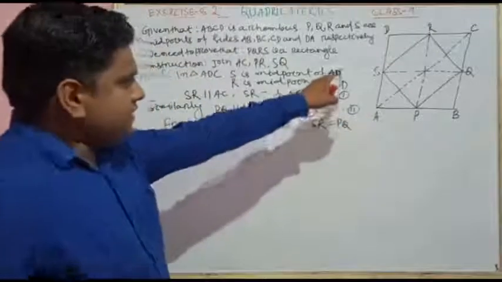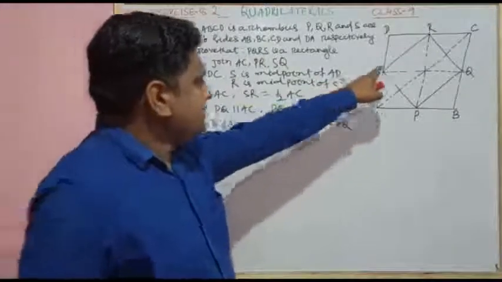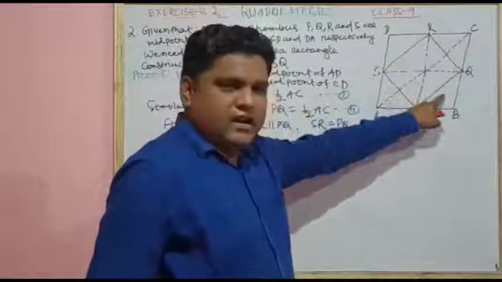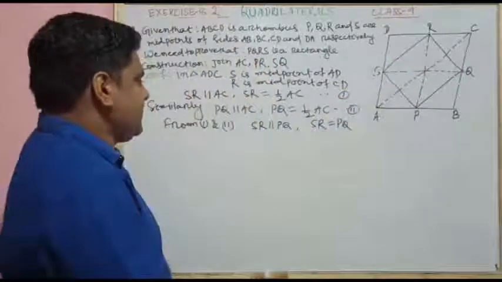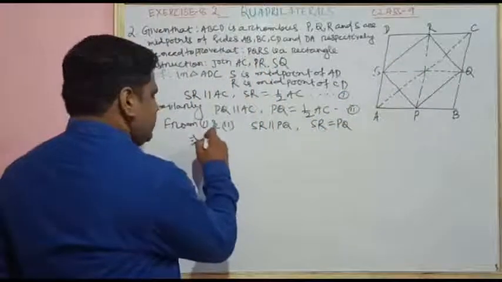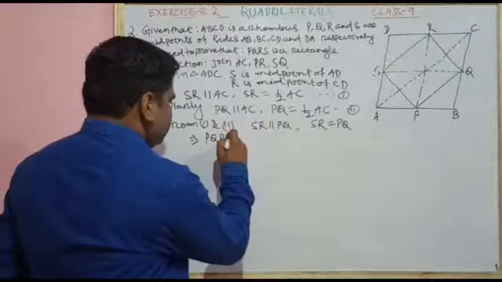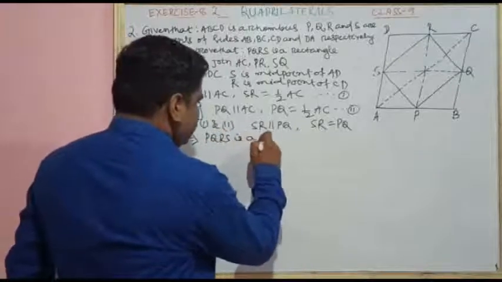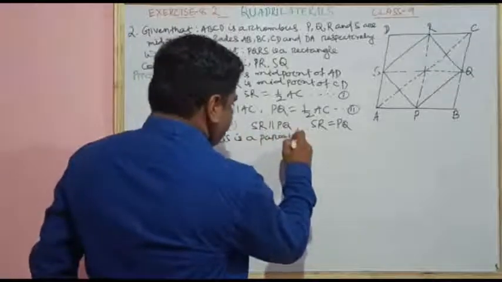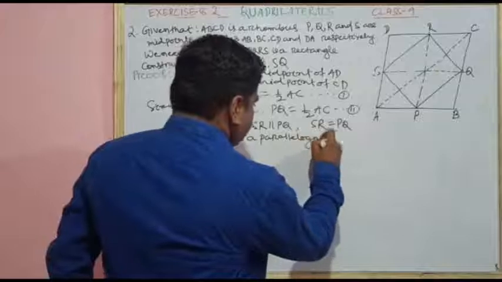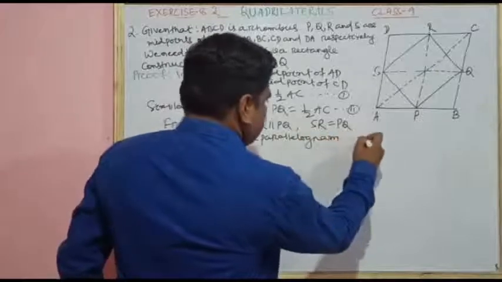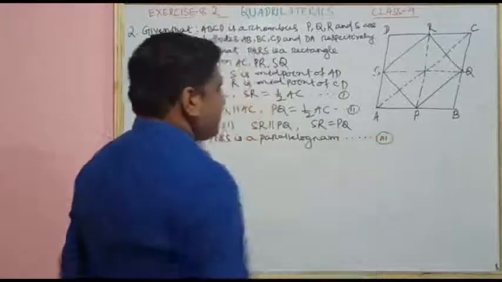So in the quadrilateral PQRS, opposite sides are equal and parallel, so it is a parallelogram. This implies that PQRS is a parallelogram. Let it be equation 3.